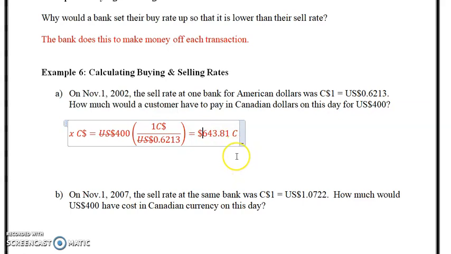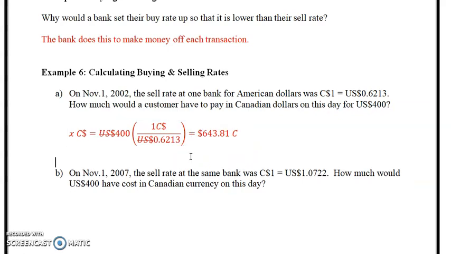So that's what it's going to cost you. You go into the bank, you want 400 US, it'll cost you $643.81 Canadian, on November 1st, 2002, almost 19 years ago.